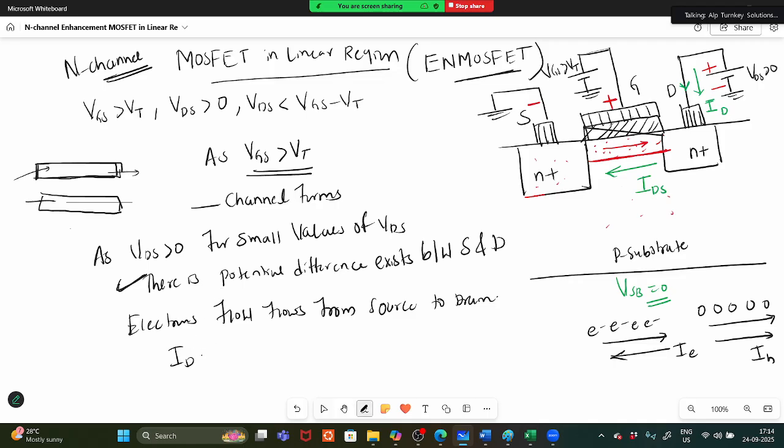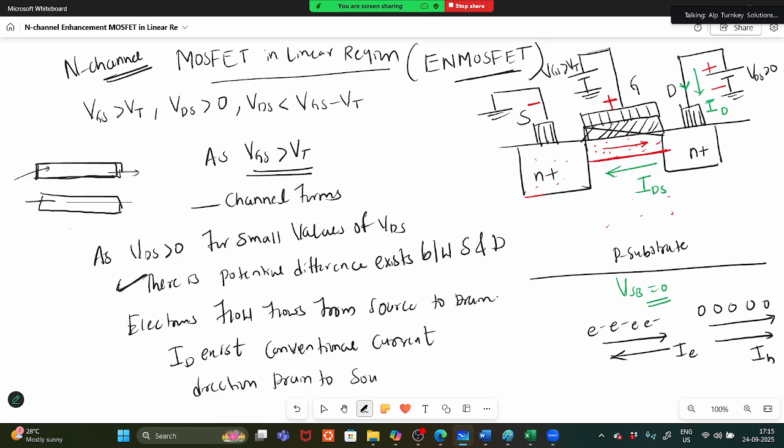In the linear region ID exists, and that is the conventional current. What is conventional current? It is the current opposite to the direction of the electrons. As electrons are flowing from source to drain, the current ID will flow from drain to source.